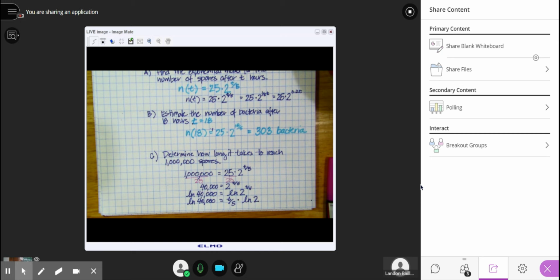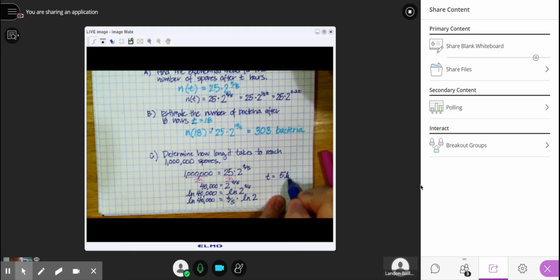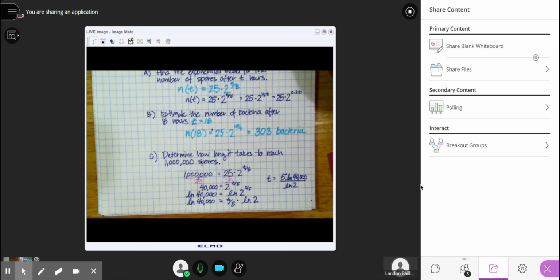Now from here, I can do a couple of things. I can multiply both sides by 5, but I will also need to divide both sides by ln2. So my T will equal 5 times ln 40,000 divided by ln2.